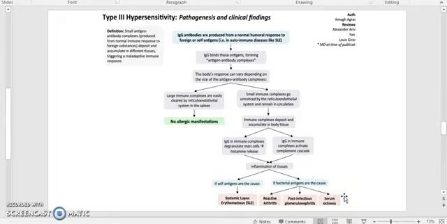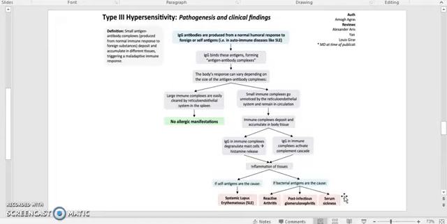Once again, I repeat in short, type 3 hypersensitivity is the immunocomplex mediated hypersensitivity. It is the mechanism in which immunocomplexes at various tissue sites activate the complement and subsequently cause tissue cell lysis. Normally, these complexes are phagocytosed effectively by the fixed monocytes and macrophages of the monocyte macrophage system.